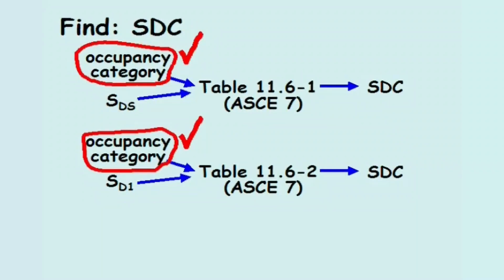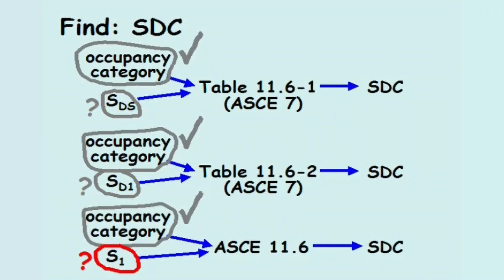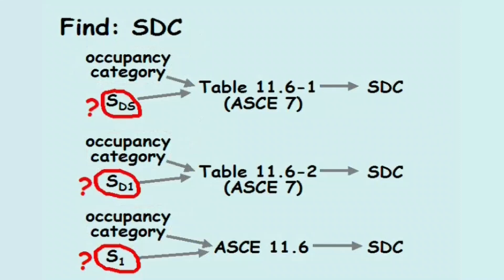We have just determined the occupancy category is type 4, but we don't yet know the values of SD1 or SDS. We'll also need to check the 1-second design spectral response acceleration in case the seismic design category is E or F. The 3 unknown values can be determined one at a time.